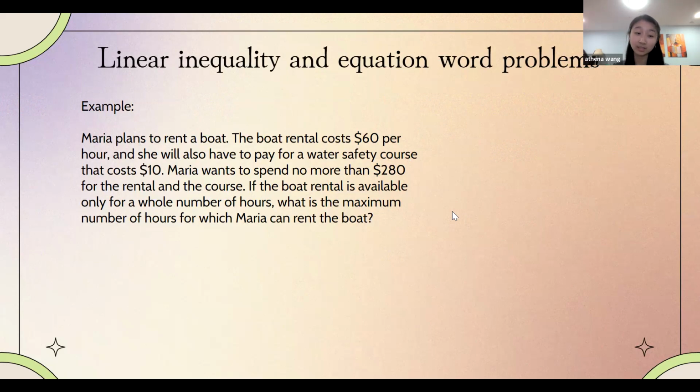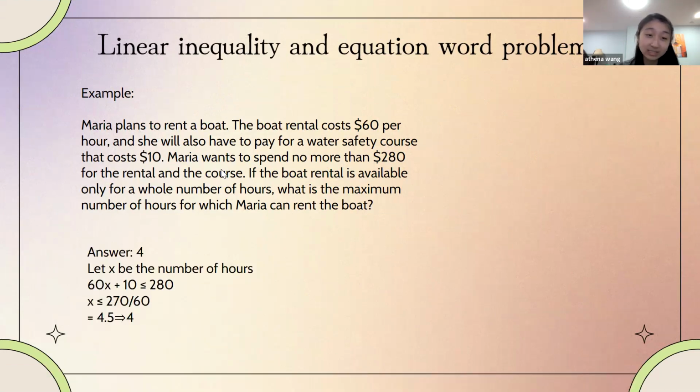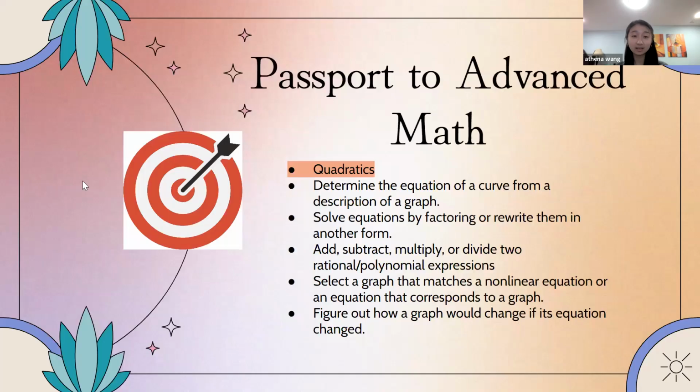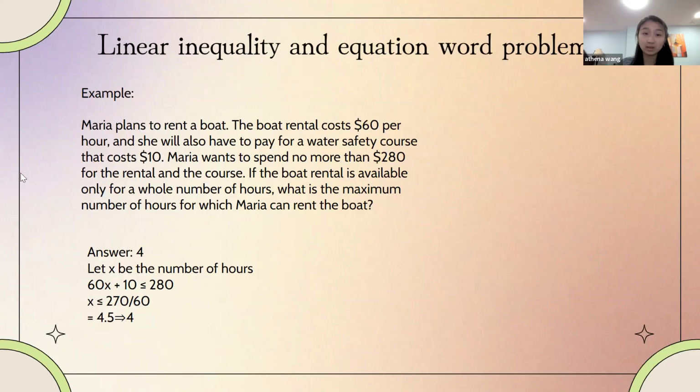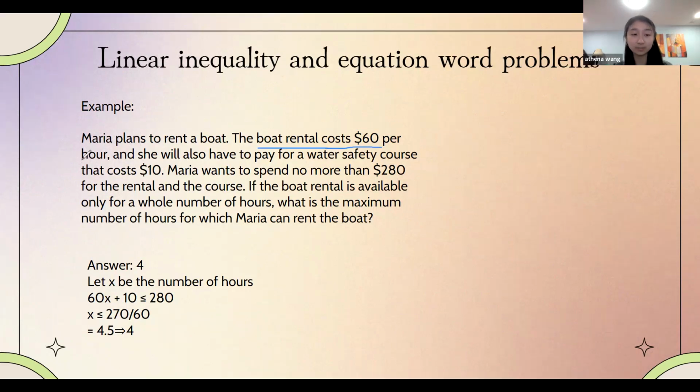The answer was 4 because the boat rental is available only for a whole number of hours. So you can't have 4.5 or that would be wrong. So we can go over this again. We have that the boat rental costs $60 per hour.